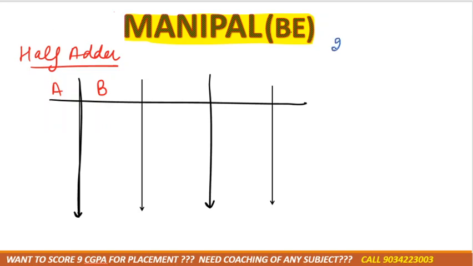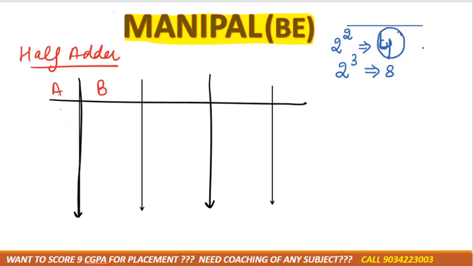That is 2 raised to the power 2, right? 4. If there are three inputs, then how many are the possible combinations? That is 2 raised to the power 3 equal to 8, correct? So 2 raised to the power 2 equals 4 means we'll have four possible combinations.